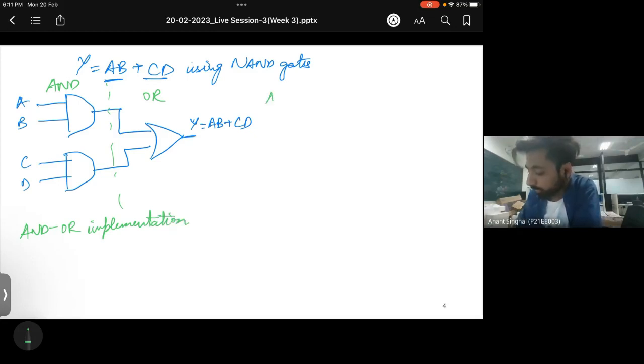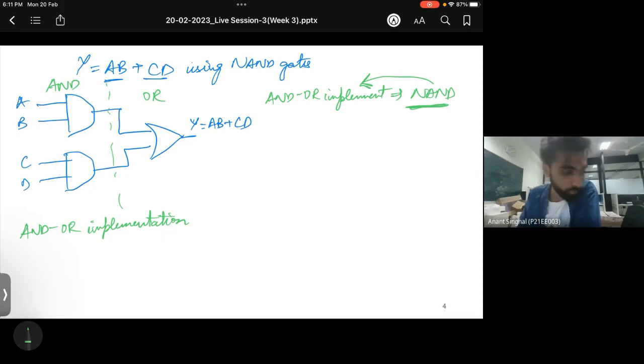I just told you that whenever you see AND-OR implementation, you should go with NAND. If you have been given to make anything using NAND gates, you should first convert the expression to an AND-OR implementation, and then proceed with the question. And for OR-AND, when you have been given NOR.